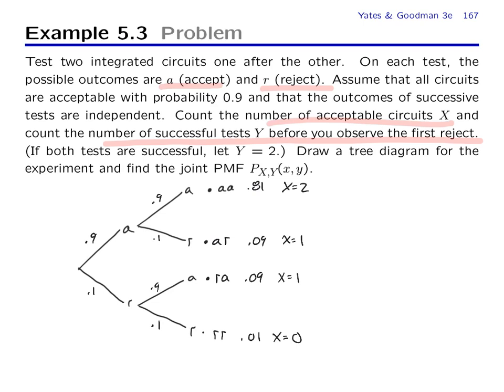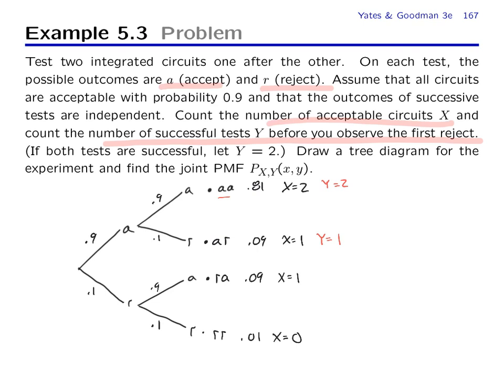And the next part of the experiment is a little bit trickier. It says count the number of successful tests before you observe the first reject. And that's y. So when both are acceptable, then y is equal to 2 because we had 2 successful tests before we observed a reject. In the next outcome, where the first was acceptable and the second was a reject, we observed 1 acceptable before the first reject.